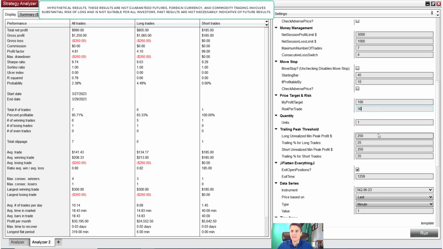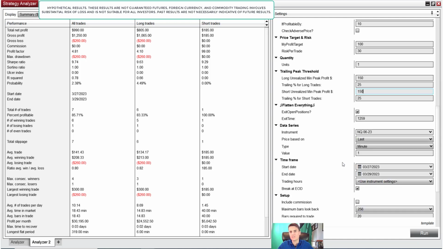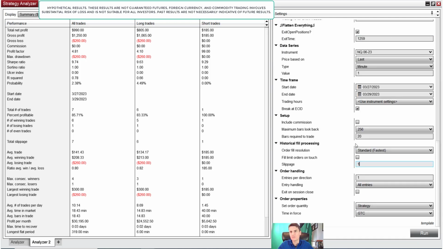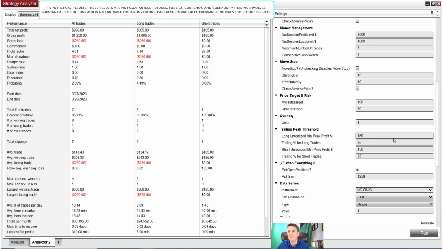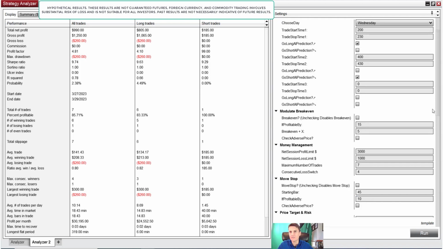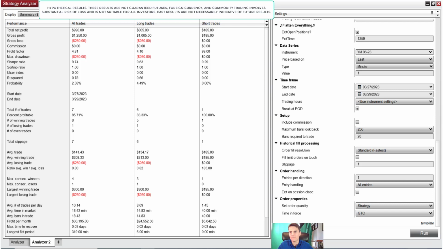Okay, so I'll leave the profit target the same because it's already over a 3x multiple, 3R there. So same thing, 150. Okay, 25% still. This, I'm going to go with 1 tick of slippage. It's got less volatility. So let's see what YM does. Oh, we have to change it to YM. Important. All right, let's see if everything else is good. Yep, let's go and run it.